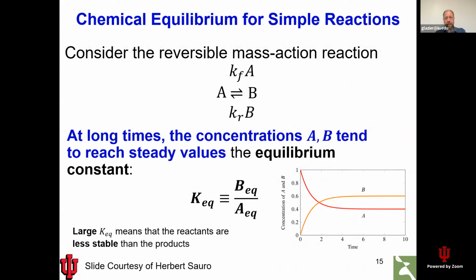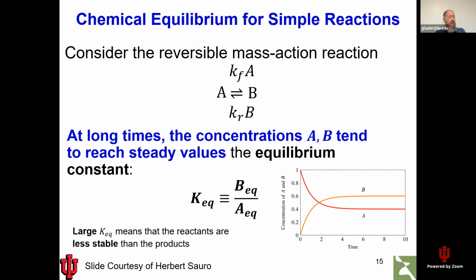So the last thing we did, we ran over this a little bit quickly last time, was the concept of a steady state versus an equilibrium. Let's start out with a system like A goes to B and B goes back to A. In this case, there's no mass being added or taken out.